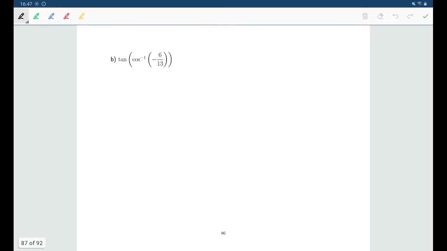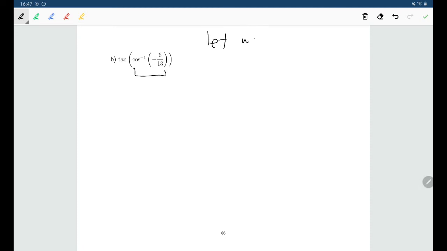Next one, we've got cosine inverse of negative 6/13 on the inside. So I'll let theta be cos inverse of negative 6/13. That means cos of theta is negative 6/13.